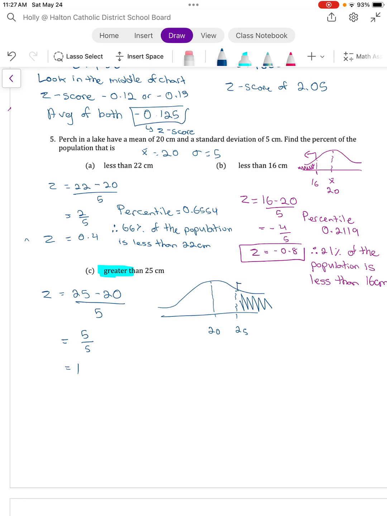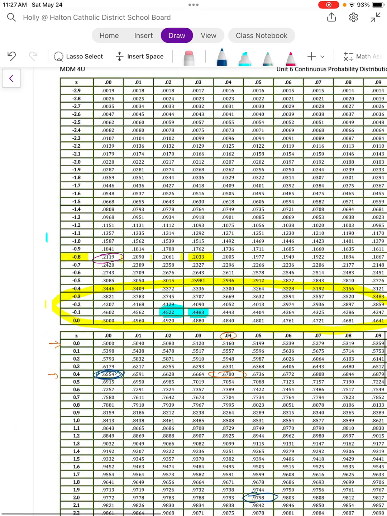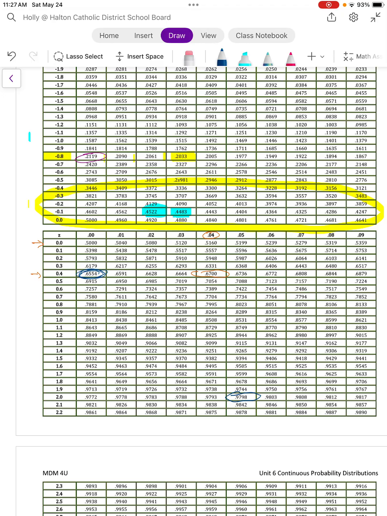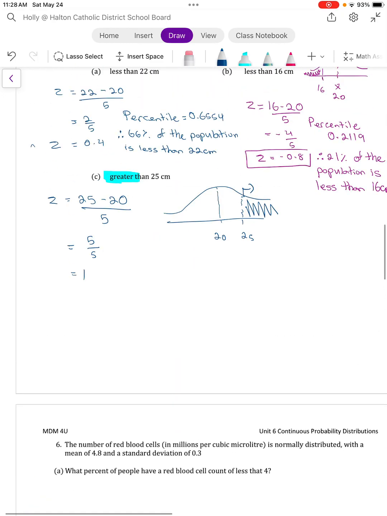I want to find out what that is. This one, though, we're going to have to look at a complement. If I look at 1.0, it gives me 0.8413. So that means my percentile is equal to 0.8413. That number is telling me all of this area. It's telling me less than. I want to find out greater than, so we're going to look at a complementary set.